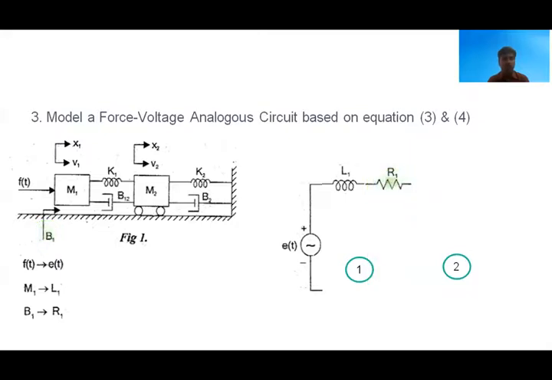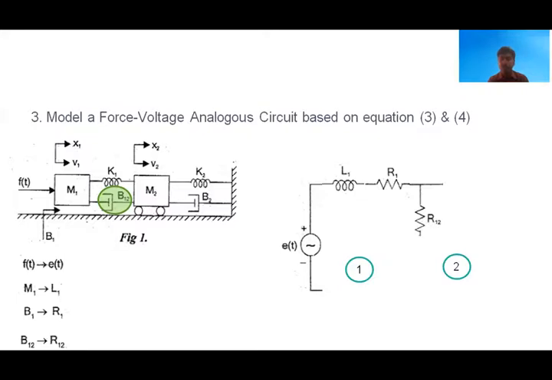The next component in the mechanical translation system is B12. And see, this B12 dash pot is common to M1 and M2, node 1 and node 2. Therefore, in the electrical system mapping, the component should be common to loop 1 and loop 2. The analogous component of B12 is R12 resistance. So connect a resistor which is common to both the loops.